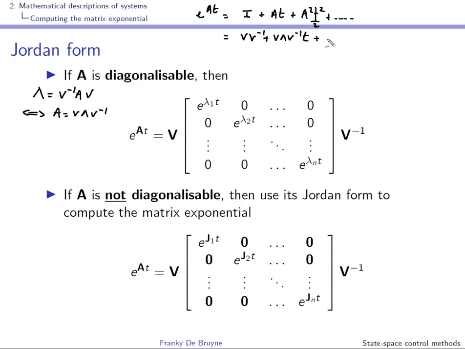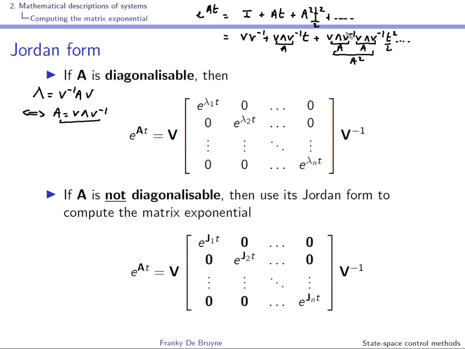For the following term we can do something similar: A squared is A times A, so we have V Lambda V^-1 times V Lambda V^-1, so we have A squared times t squared over 2, and we can continue.